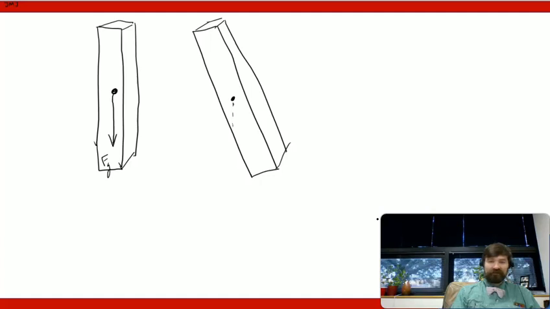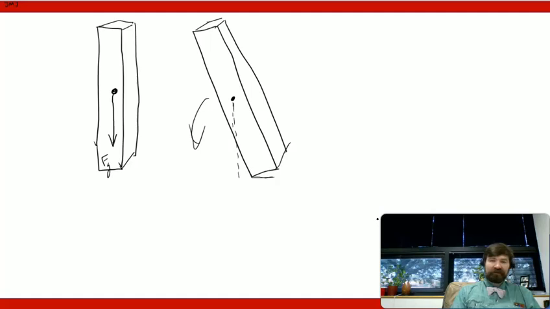And if I draw a dashed line downward, that center of mass is no longer over the base. That means that I'm going to have a net torque away from this base position. And so this is relatively unstable. My center of mass is not over my original base of support, and so this thing will tend to fall.